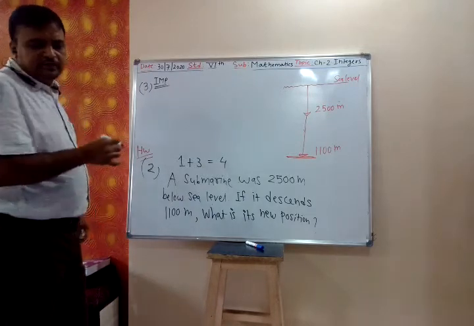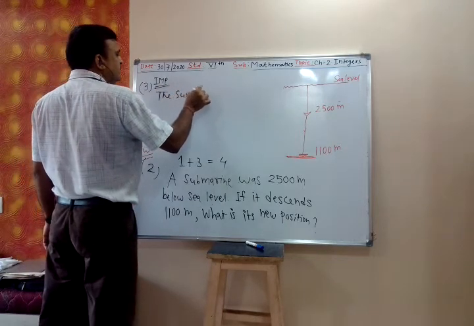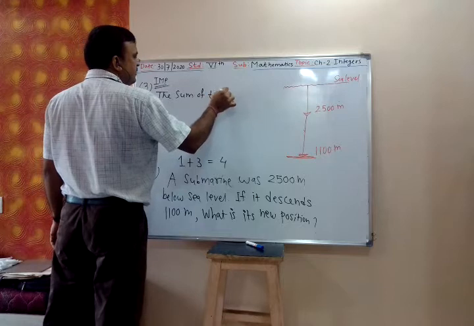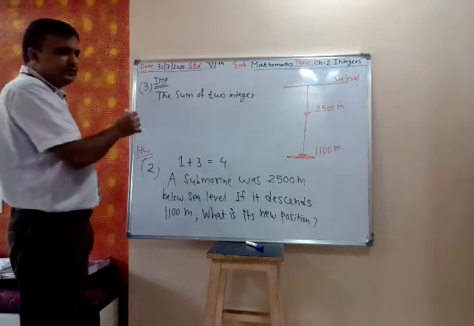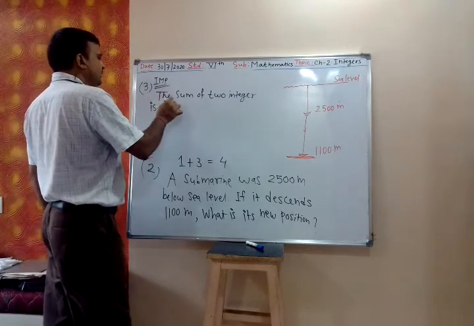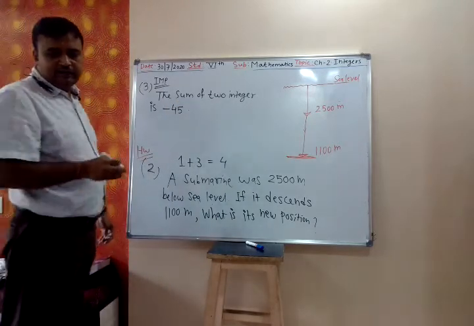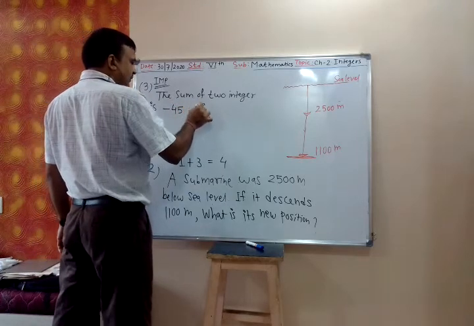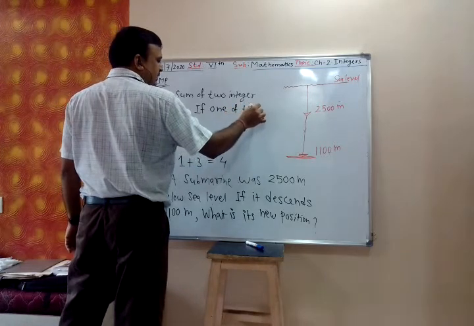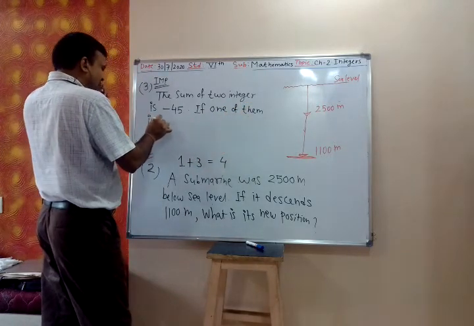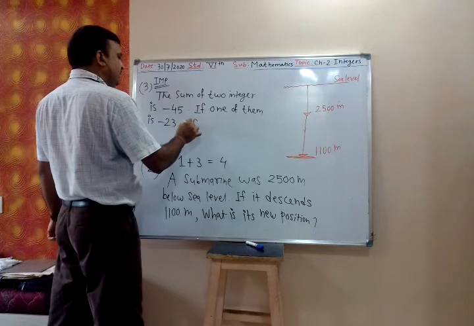The sum of two integers is minus 45. This is important. If one of them is minus 23, find the other integer.